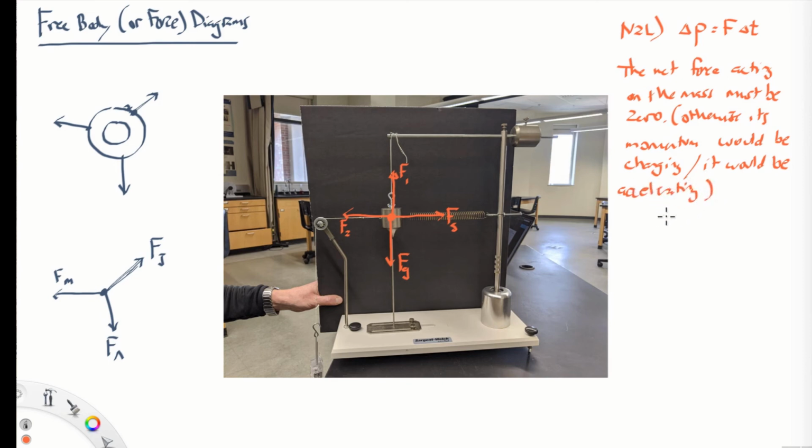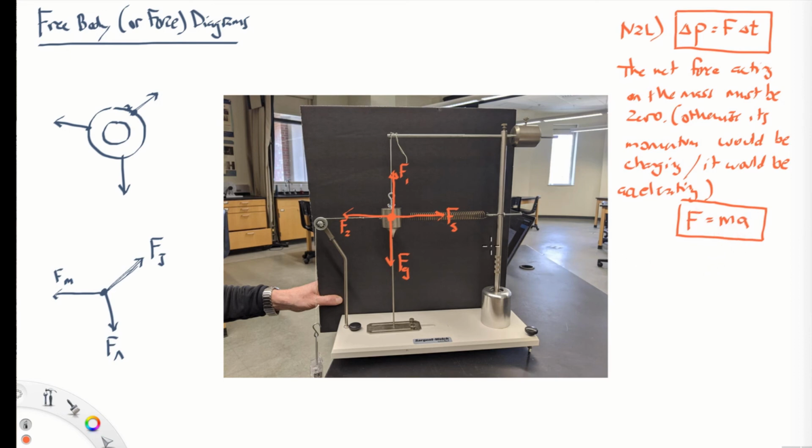Perhaps that's more obvious from writing Newton's second law in a slightly different way. We'll come back to this later, so if this is new to you, don't sweat it. Force equals mass times acceleration. These two ways of writing Newton's second law are actually equivalent, as I mentioned in a previous lecture, and I'll come back and explain how these are related shortly. But if there is zero net force, if all those forces somehow cancel each other, then the acceleration is zero. Or conversely, if the acceleration is zero, we know that the net force acting on it must be zero.